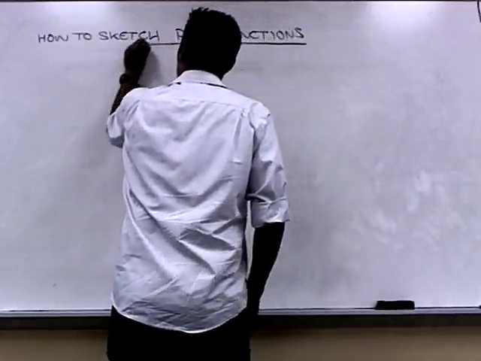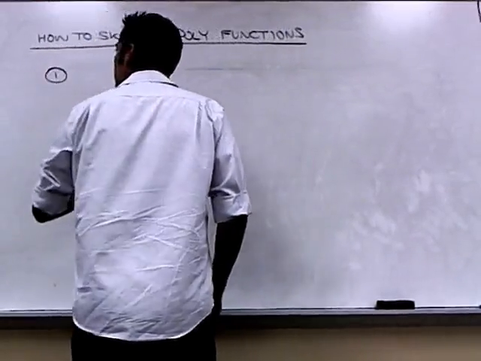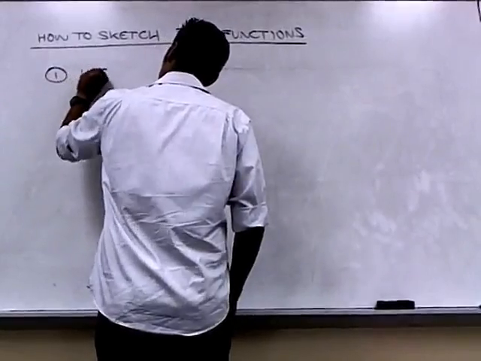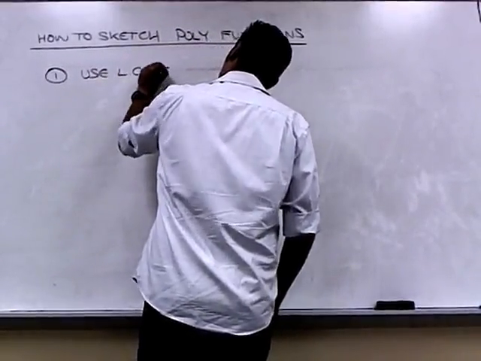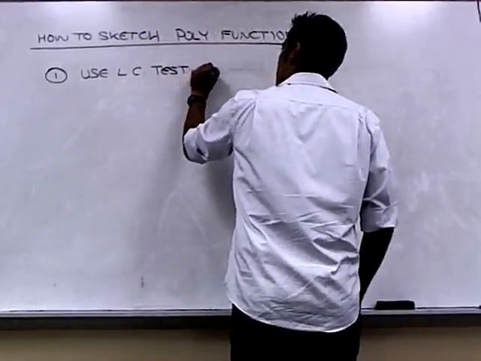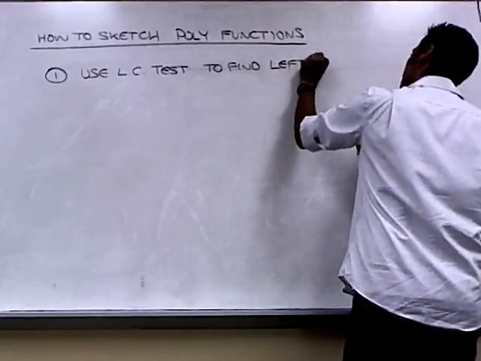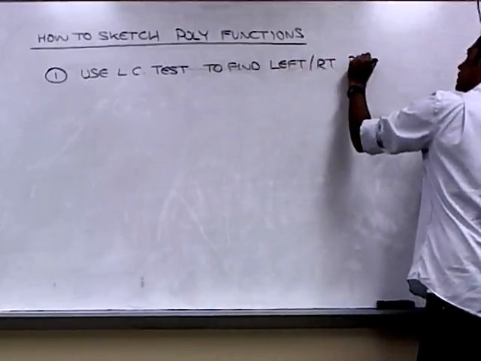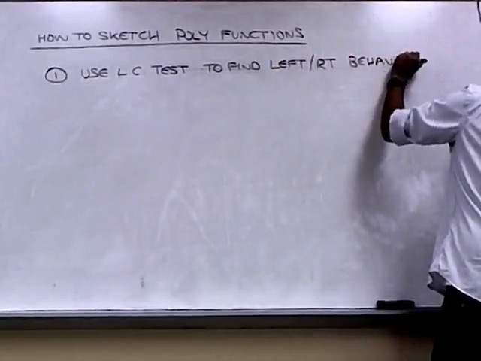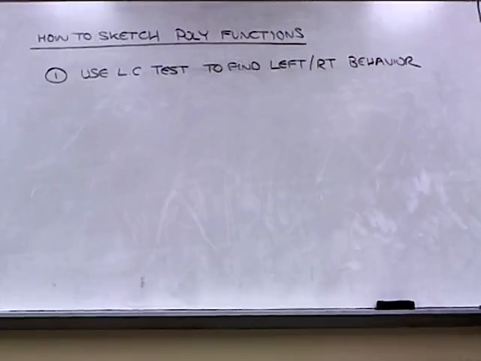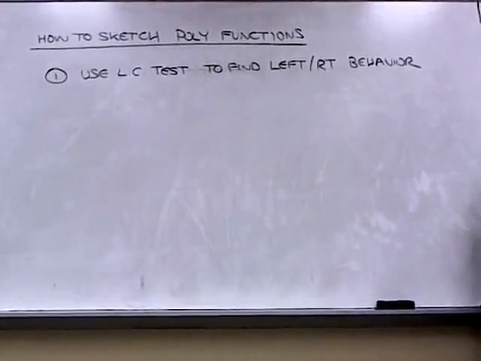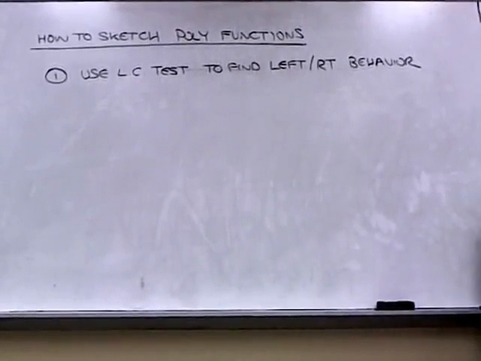The first step is to use the LC test, the leading coefficient test, to find the left and right behavior, to determine what's happening on the left and on the right. That part should be pretty straightforward. Find the degree, find the leading coefficient, use the table, you're done.